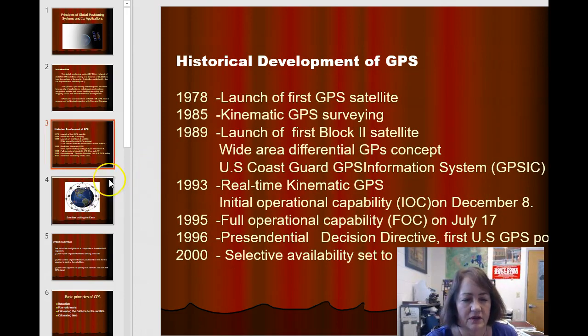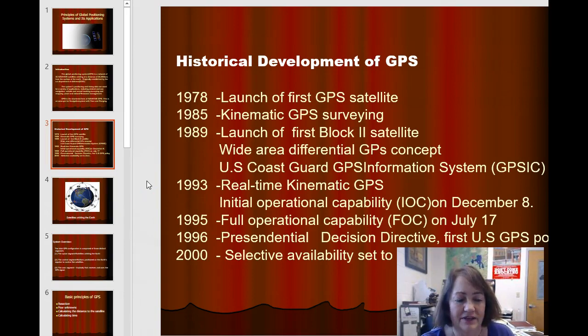So the historical development: the launch of the first GPS satellite was in 1978. Kinematic GPS surveying became available in 1985. It really didn't have anything to do with the satellite system. It had to do more with the computer processors that the GPS receiving units were capable of carrying on board. 1985, of course, was a really long time ago.